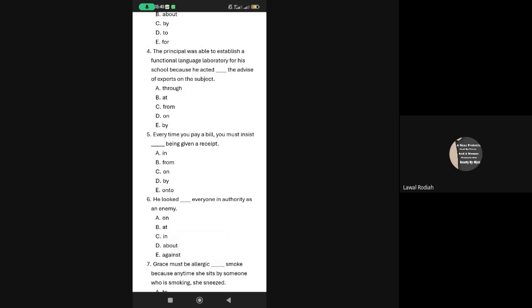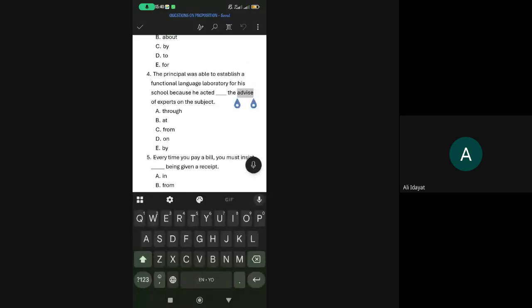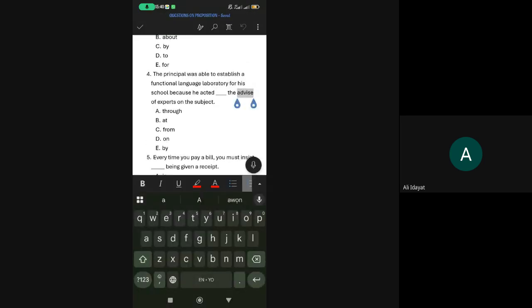So is it acted through, acted at, acted from, acted on, or acted by? Acted on. So he acted on the advice. So this is a noun, not a verb.